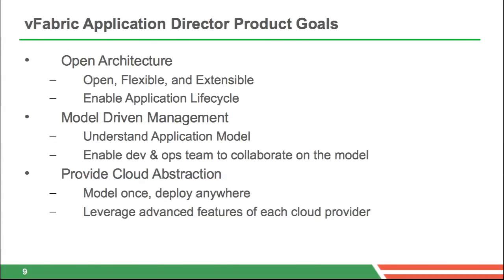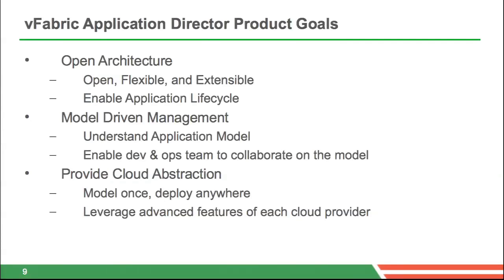Just to give the Application Director overall product goals in general, we want to have an open architecture. We want to be open, flexible, and extensible. We want to enable the application lifecycle, so we want to try and fit in with what people typically do for application development and help facilitate that process. Another aspect is model-driven management.